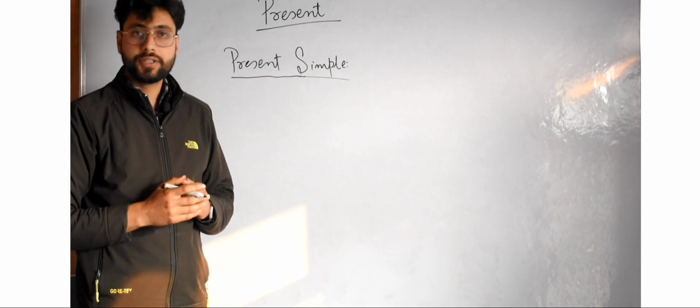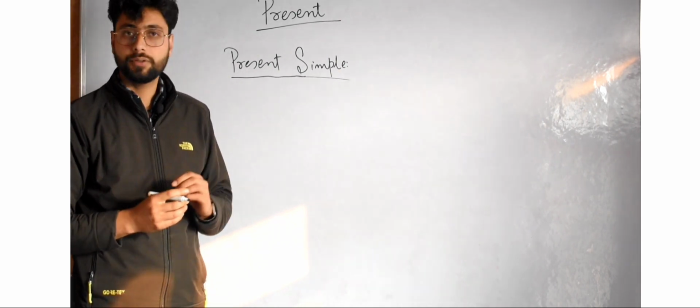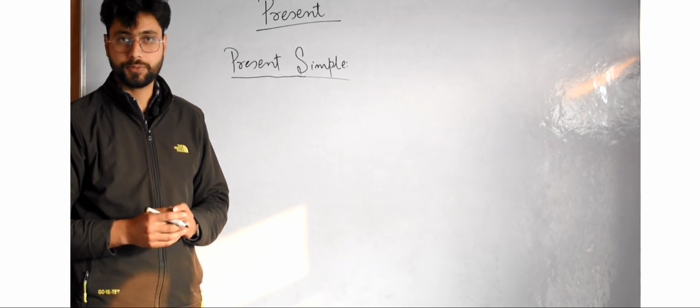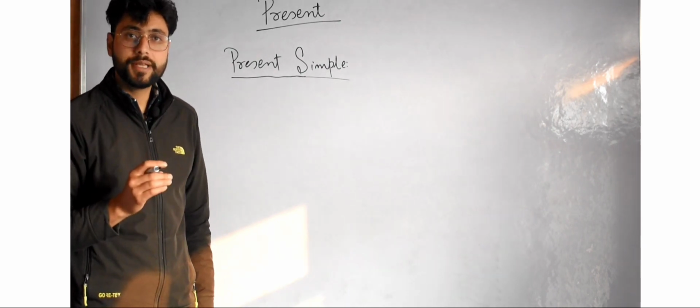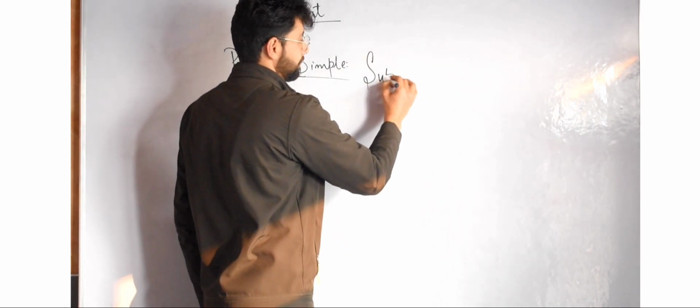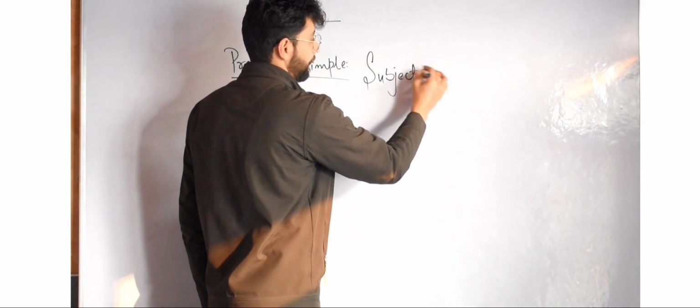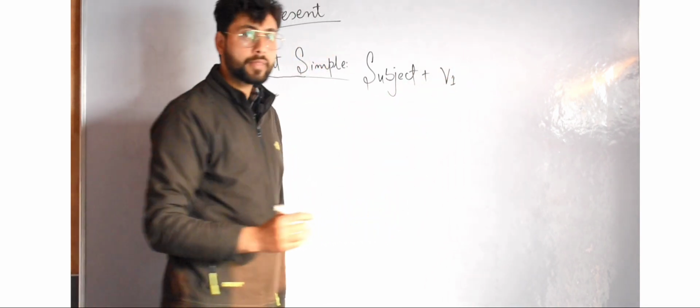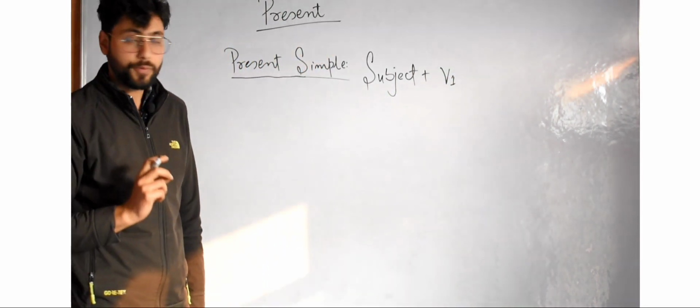In order to understand the present simple, you need to remember the format of present simple. The format of present simple is subject plus first form of verb. There is a case now.